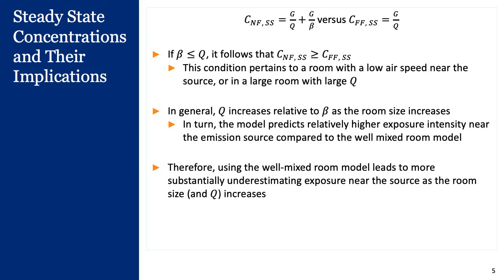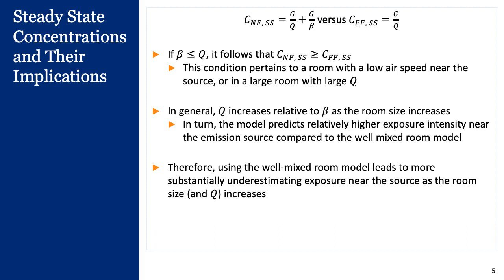We can make a few more remarks about these two steady state equations and some of their implications. So if beta were exactly equal to Q, then we can look at these two equations and say that the near field concentration is 2 times the far field concentration. If beta, by the same token, is less than Q, it would therefore mean that the near field concentration is greater than 2 times the far field concentration.